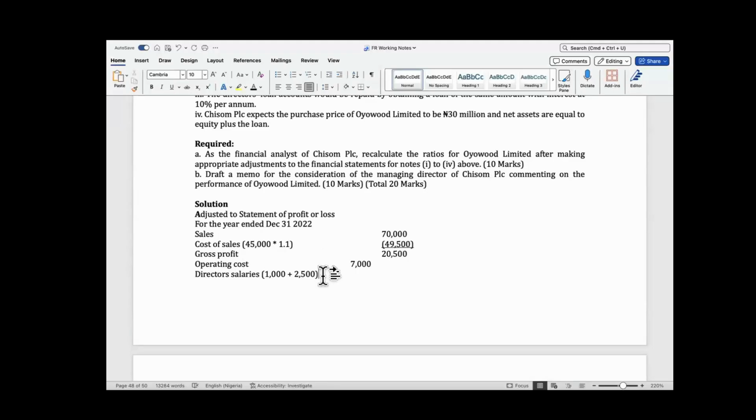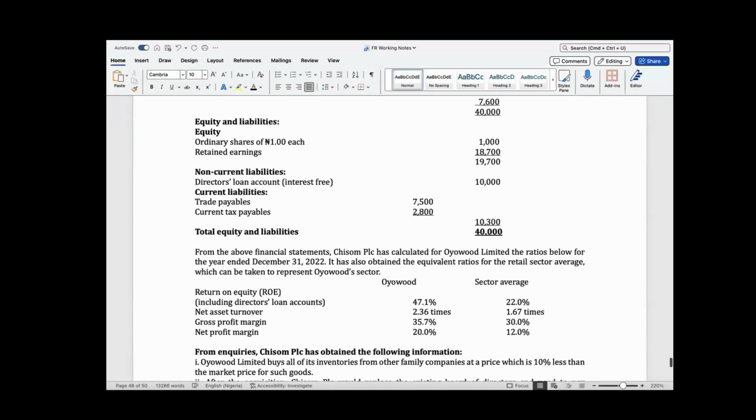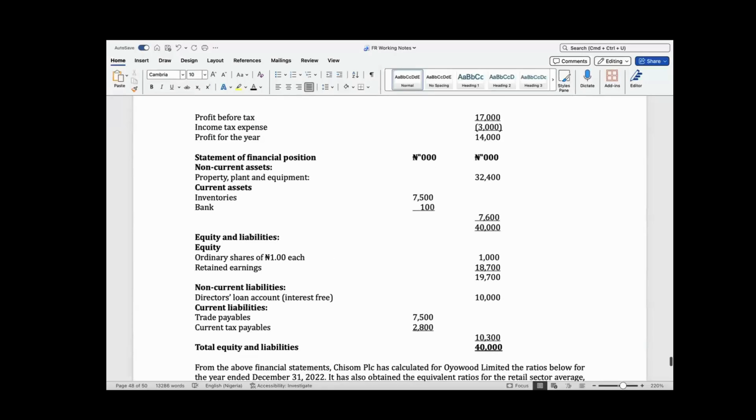They will pay this, at least for this year, 3.5. And that is 10,000, 10,500.